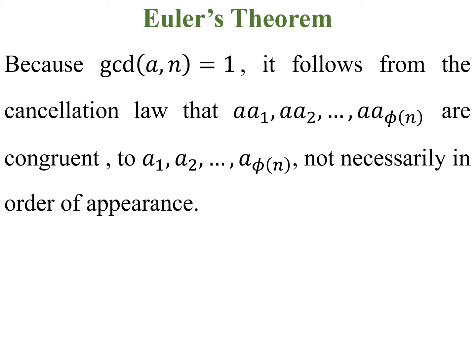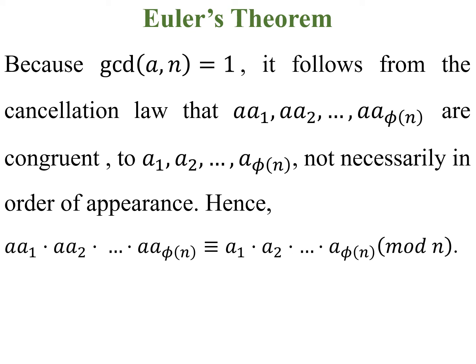So if we multiply this, the multiplication will be congruent to the multiplication of this modulo n. Hence a into a1 into a2 into dot dot dot into a phi n is congruent to a1 into a2 into a phi n modulo n.